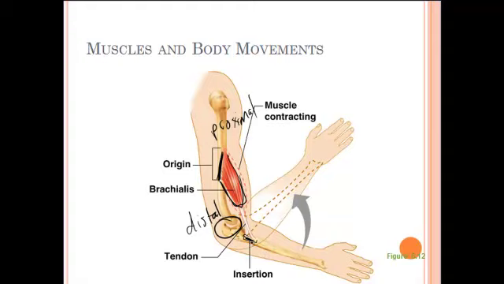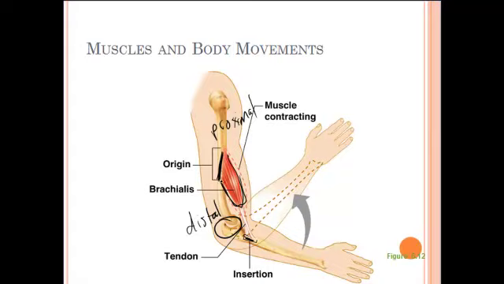The insertion, this is where it inserts on the bone that is going to move. So the origin is the bone that is held stationary. So when you flex your bicep, you are not moving your upper arm, you're just moving your forearm, and it's being pulled towards that origin.